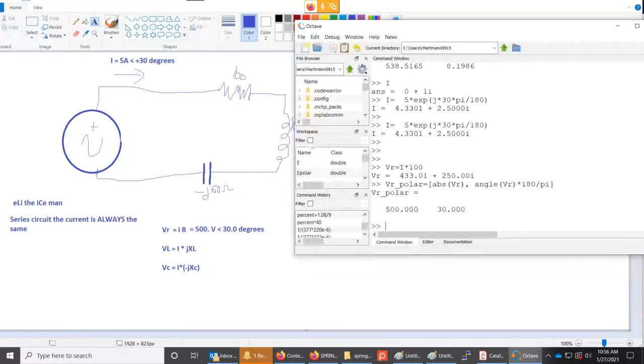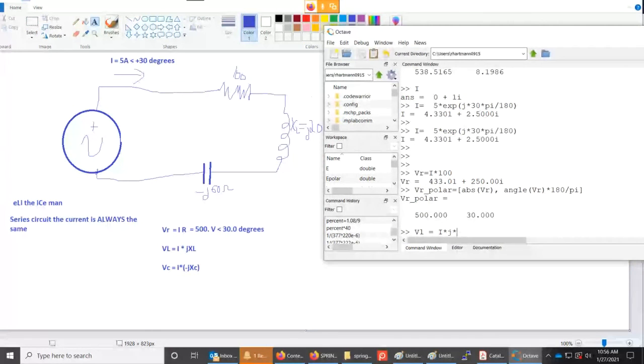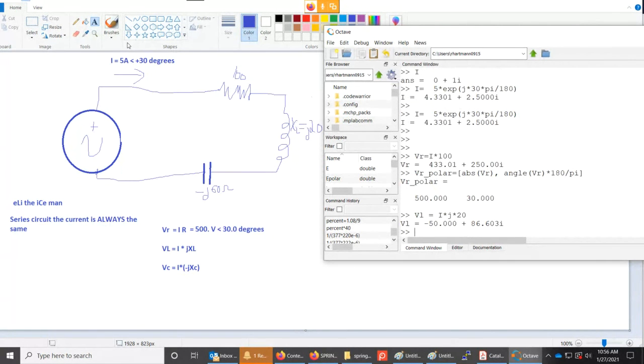And then we can calculate VL. So VL is going to equal I times j times, remember that XL was positive 20. Okay, so that is VL, and this is the rectangular form.